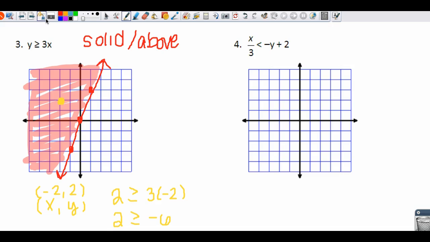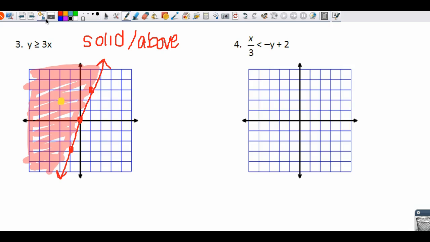And I get that 2 is greater than or equal to -6. Since that test point is true, where I shaded and the test point should be the same, which they are, so we're happy. If I were to pick a test point outside of the shading, then I would hope that my test point comes back false.